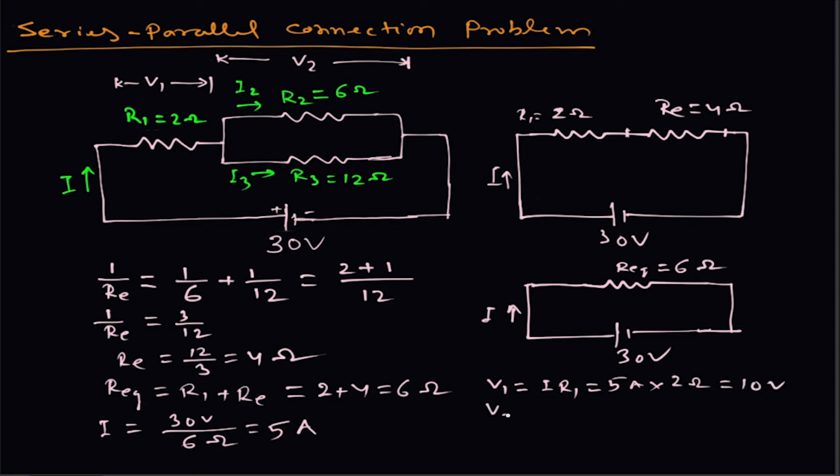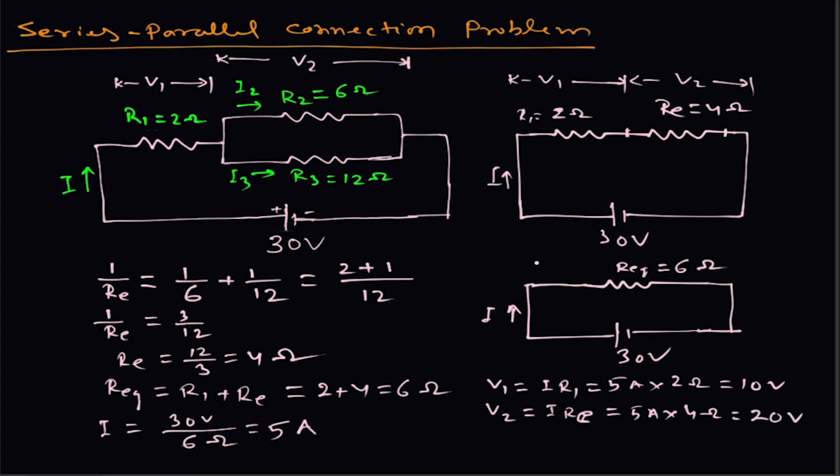And similarly V2 is equal to I into RE. V2 you have to calculate from this circuit. So V2 is equal to 5 ampere into RE, which is 4 ohm. So we get 5 into 4, that is 20 volts.